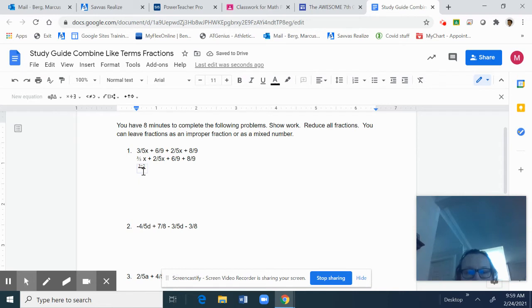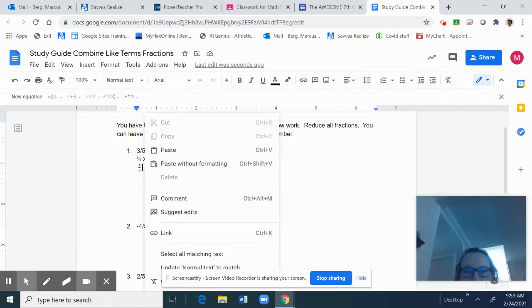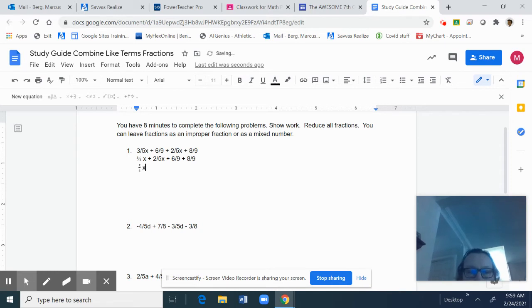That's the 2 numerators up there. And I'm going to keep the 5. So 3 plus 2 is 5. And then we can't forget to put the x. And then over here, I'm going to do the 6 plus the 8. And that's over 9.